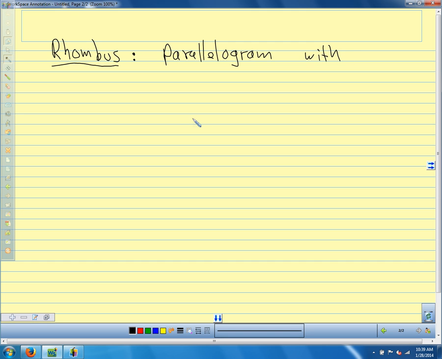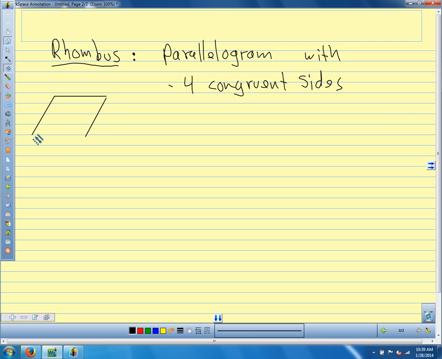Rhombuses have 4 congruent sides. So if you wanted to add that on your picture, and we usually draw rhombuses that look kind of like a diamond. It doesn't have to be that way, but usually that's how we look at them. So for a rhombus, all of our sides are congruent. So we have a parallelogram with 4 congruent sides.